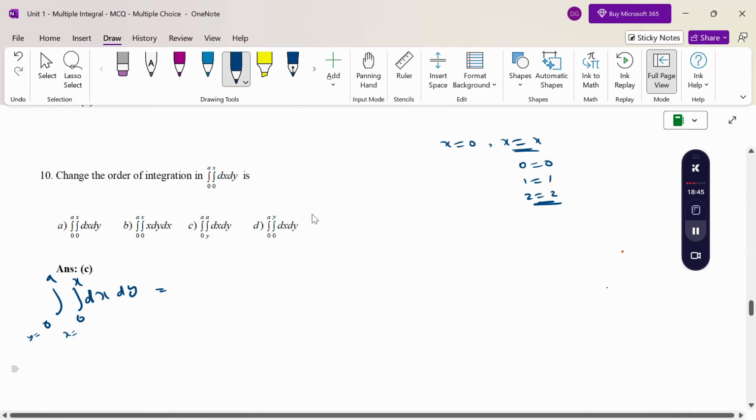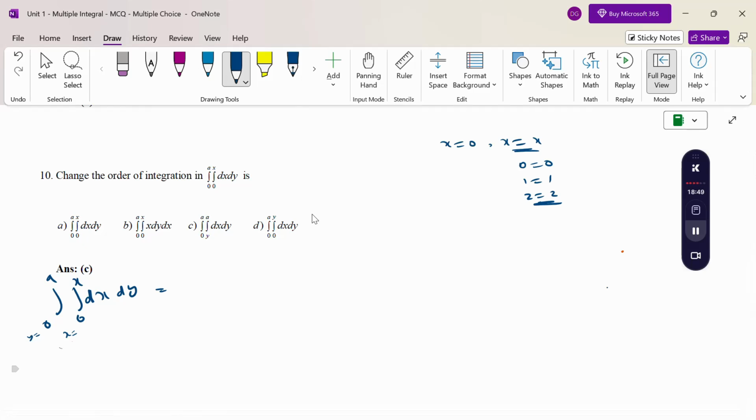Therefore first try to change the limits. The outside should be constant and the inside variable, so it is given in proper form, and the limits are proper. Therefore only change the order.